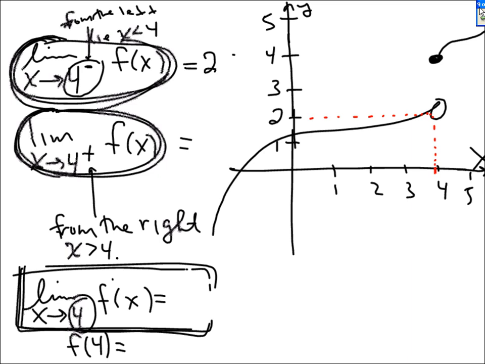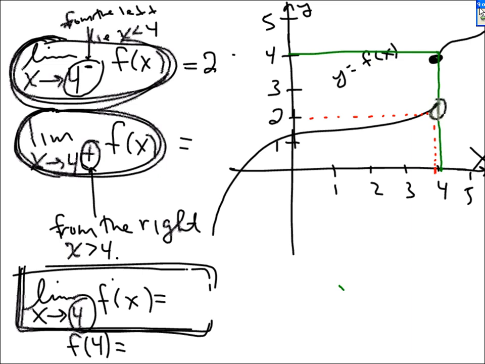The next limit says the limit as x goes to 4 from above of f of x. This graph is y equals f of x. If you're a little bit more than 4, you hit the graph right here.